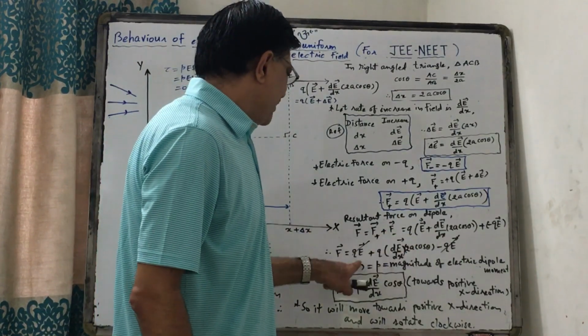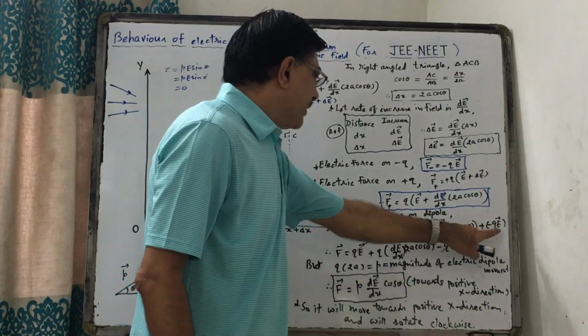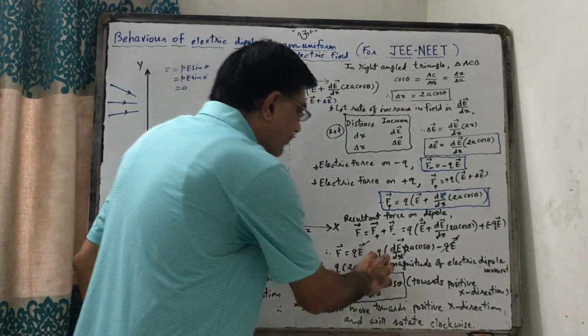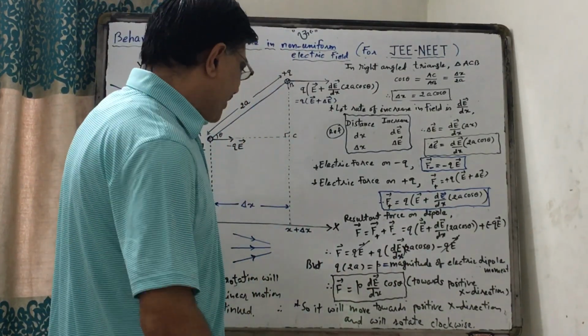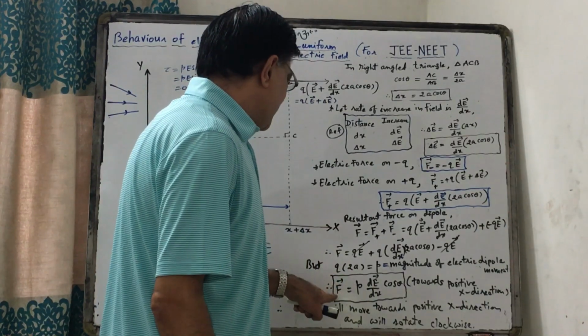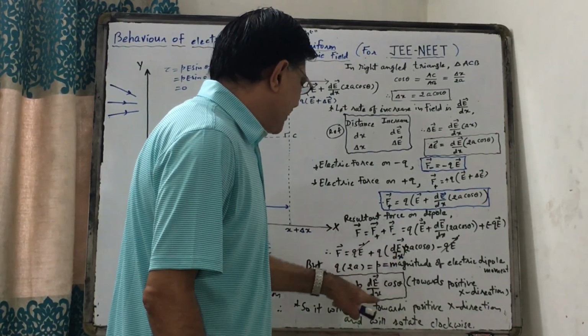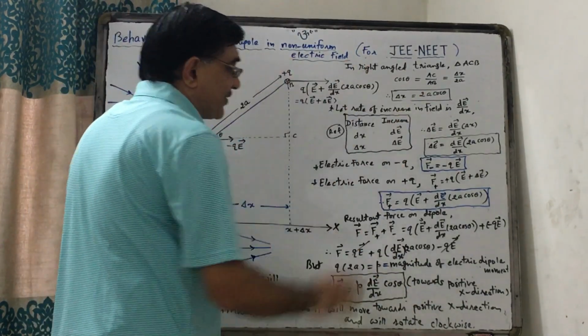So Q vector E plus Q into d vector E by dx into 2a cos theta minus QE. This QE and minus QE will cancel. We know that Q into 2a is the magnitude of the electric dipole moment P. So we can write that the resultant force equals P into d vector E by dx into cos theta. It is in the positive x direction.